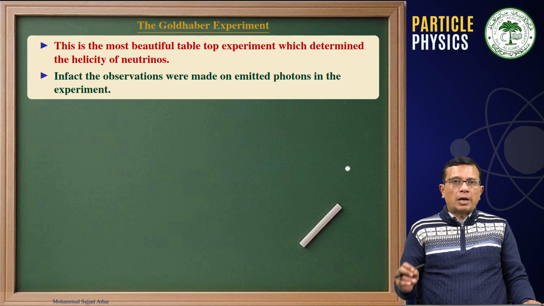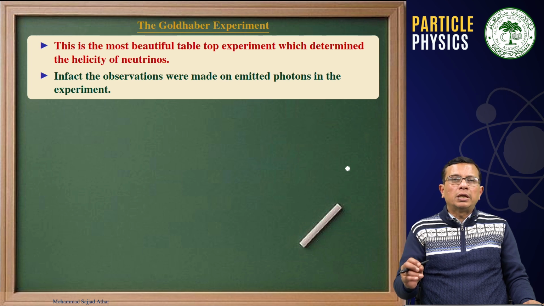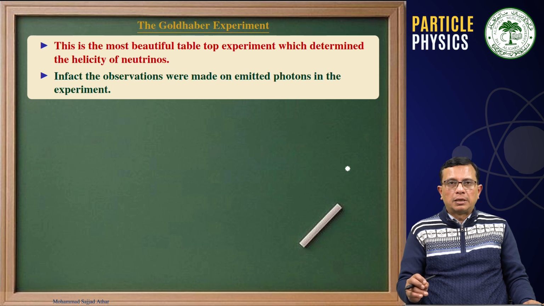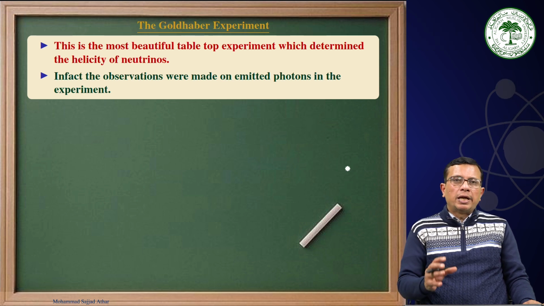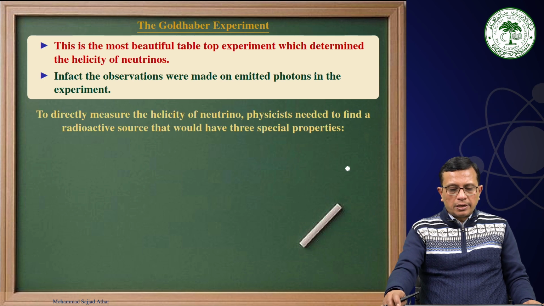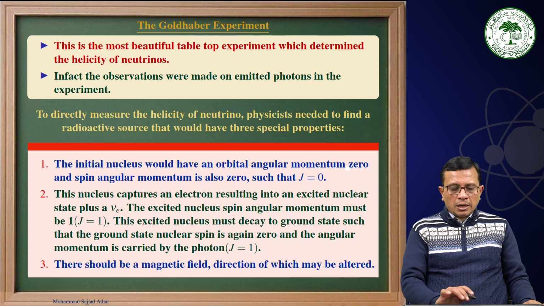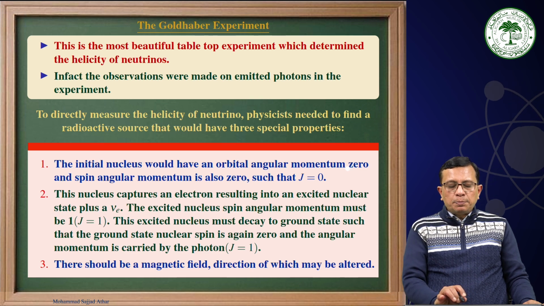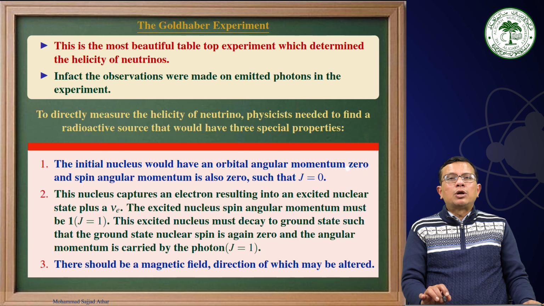Now, I'm talking about the thoughts that went in before performing this experiment. See, what was done? First, a nucleus was thought to have a spin angular momentum equal to 0.